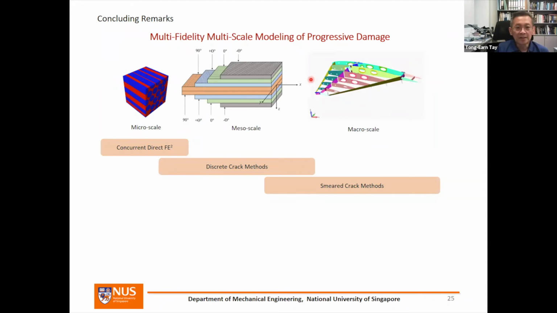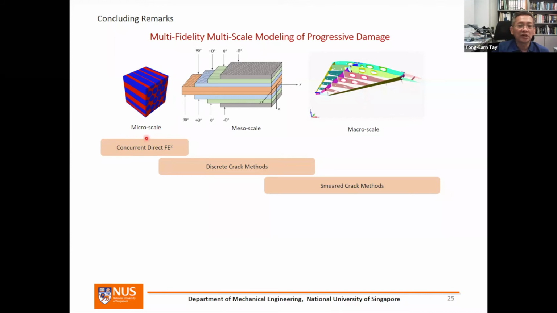I'd like to end the presentation by saying a few words about the techniques for modeling progressive damage through multiple scales. As you can see, we now have tools to deal with damage and progressive failure at various scales.